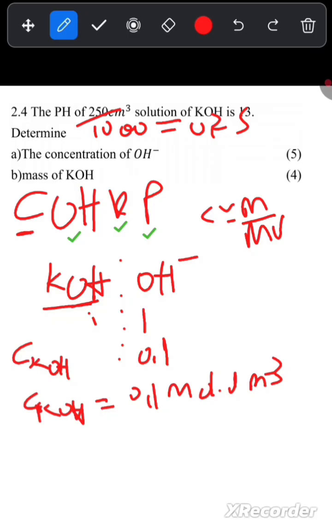So now when I substitute into this formula, the concentration is 0.1, sorry, 0.1, then mass.